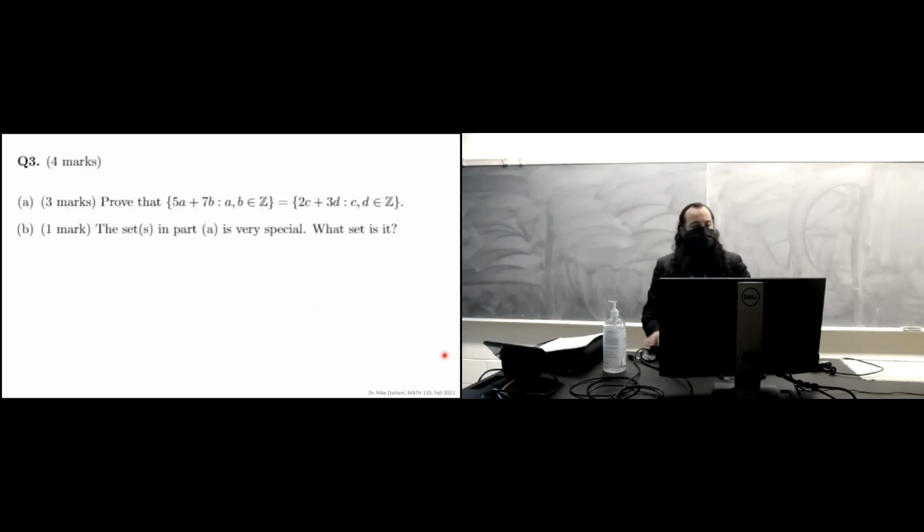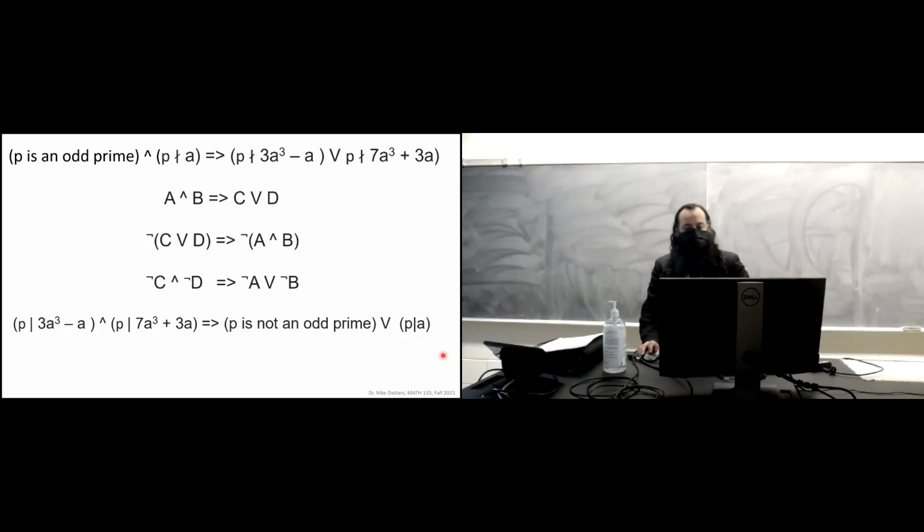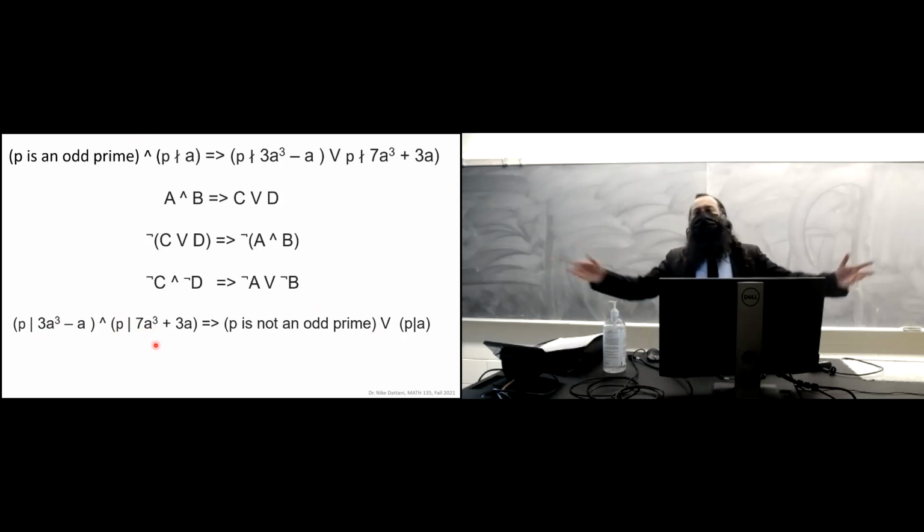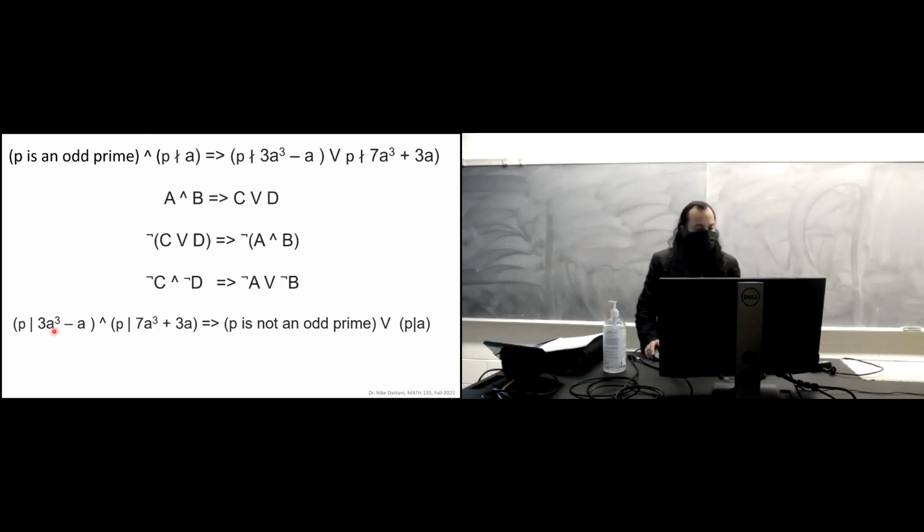Got it? Okay, so from here, you know what to do? I just made this so easy for you, didn't I? You just have P divides something and P divides something else. What are we going to do next? You already know. Yell it out. DIC. P divides this and P divides that, then P divides some integer combination of this and that. I don't even remember the answer to this question, but I can already assume that we're going to want to get rid of one of these A's or something, right?